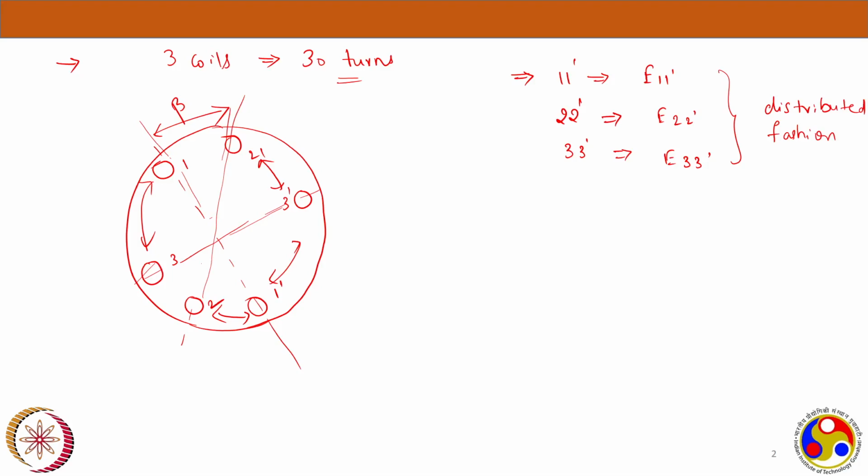Now I'm trying to calculate the resultant voltage. Before going into the distributed resultant voltage, I'll show you how it will be for a concentrated winding, because once you understand concentrated, it will be easy to relate.